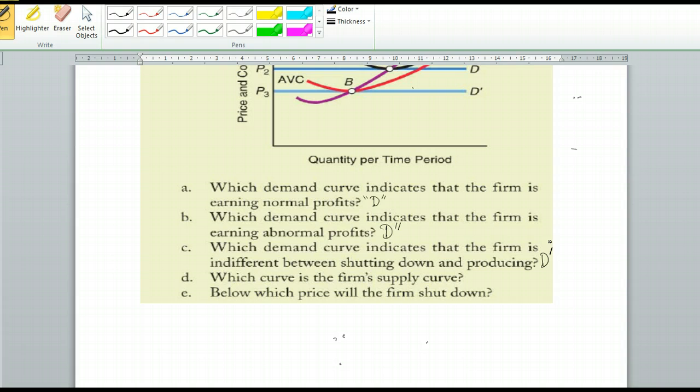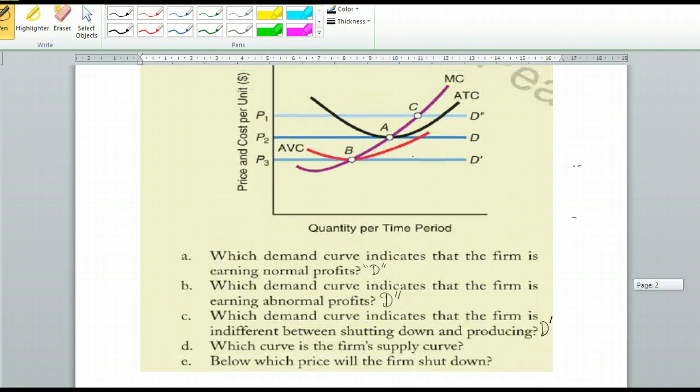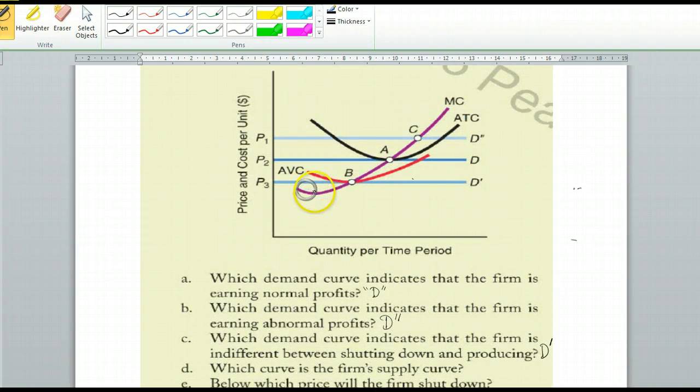Part D, which curve is the firm's supply curve? Well, we know that marginal cost curve shows the competitive firm supply curve, because depending on wherever the price is, the firm always makes its output decision on the marginal cost curve itself. However, not the entire marginal cost curve shows the supply curve, because below the minimum average variable cost, the firm produces 0 units. So marginal cost curve doesn't show us how much this firm is producing.